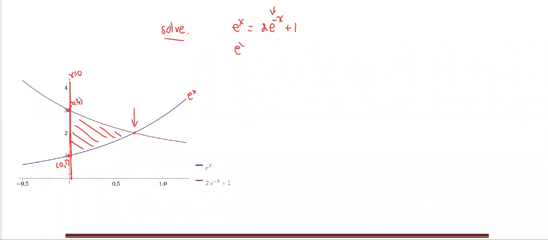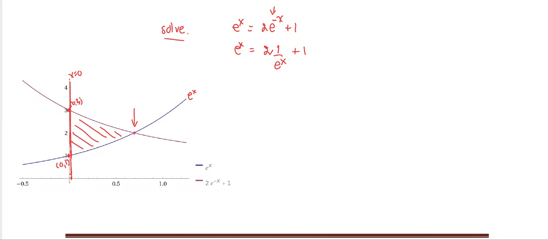So e to the x on the left, nothing changes for now. 2 times 1 over e to the x, because we take the reciprocal and the negative exponent becomes a positive exponent. When you have a denominator, clean it up to make the problem look cleaner and more convenient for us to reach the solution.